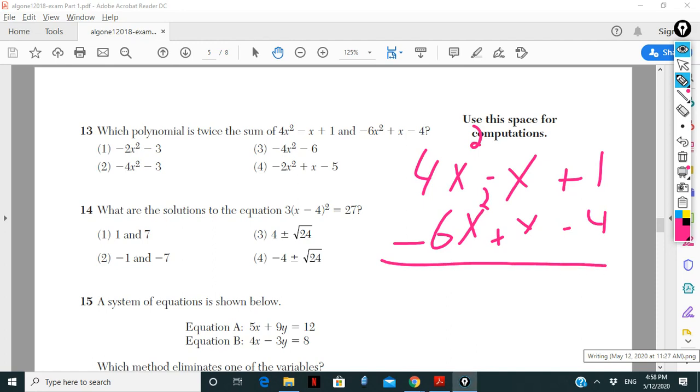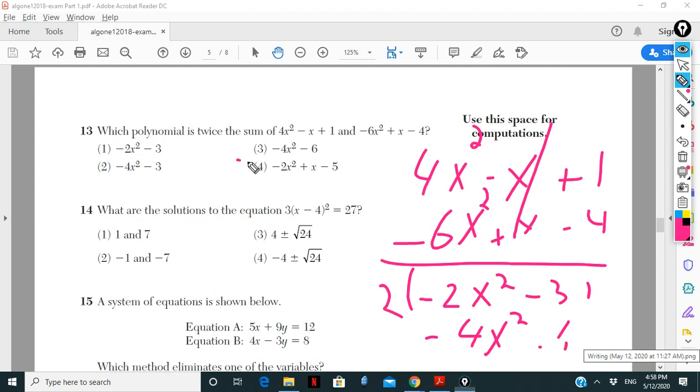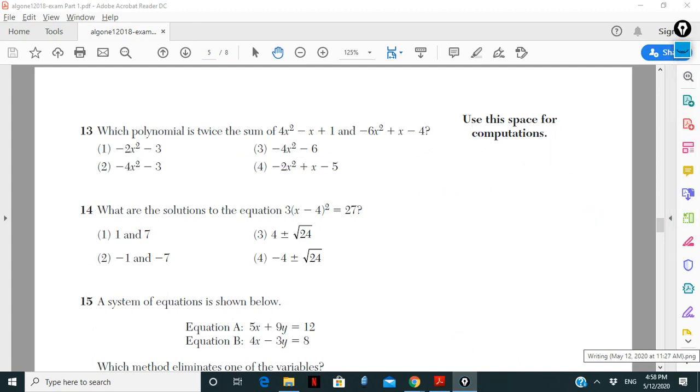So I'm going to have -2x squared, and the x terms cancel out, minus 3. Now I'm going to multiply by 2, giving me -4x squared minus 6. So the answer is 3.